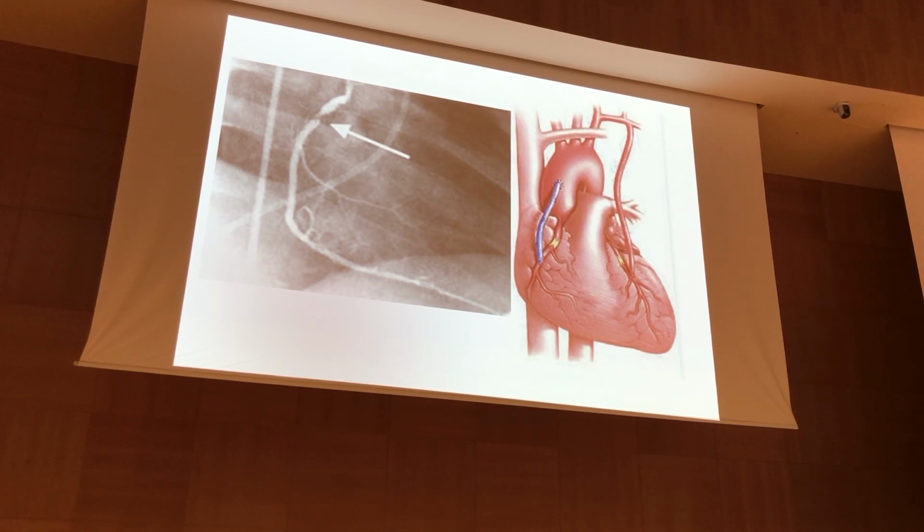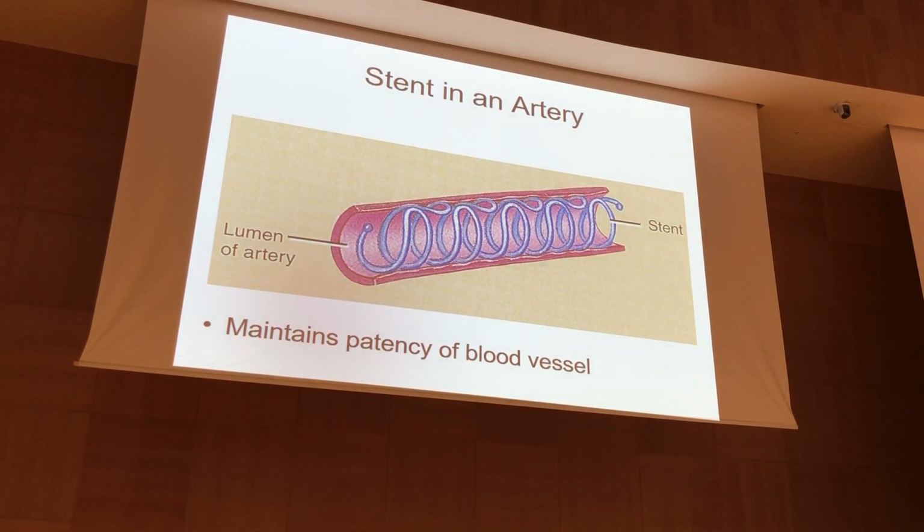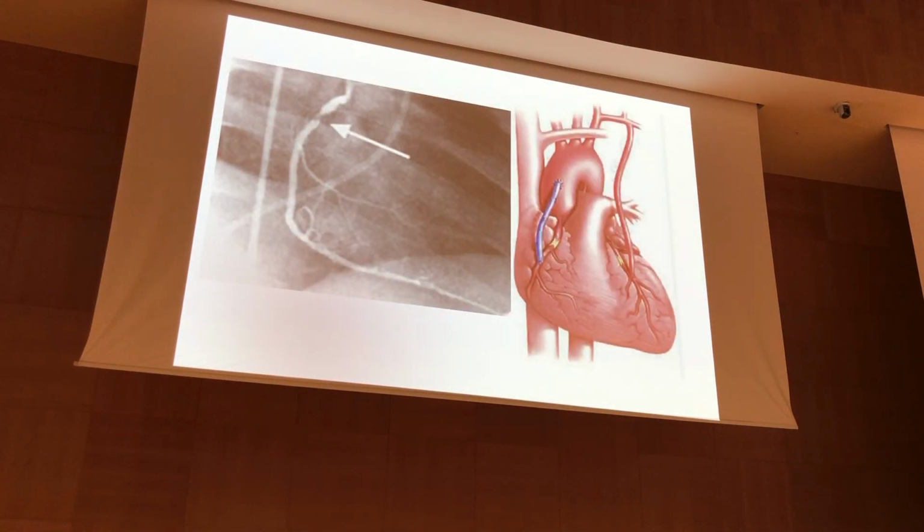A stent is basically like a spring, like this. The idea is to keep the artery open. Then endothelium will be built on this stent, and the artery will remain open for a while. If too many areas need stents, they cannot do more than two, three, four stents. If there are too many closures, they might need to do a bypass.